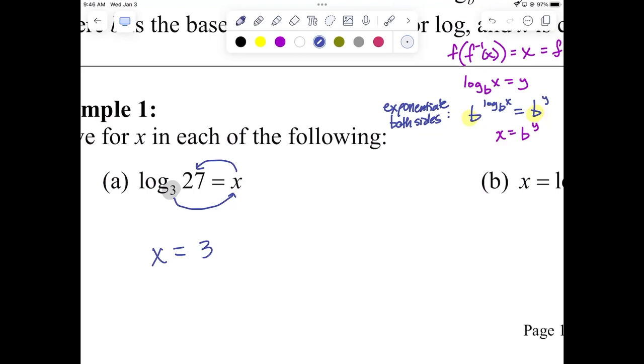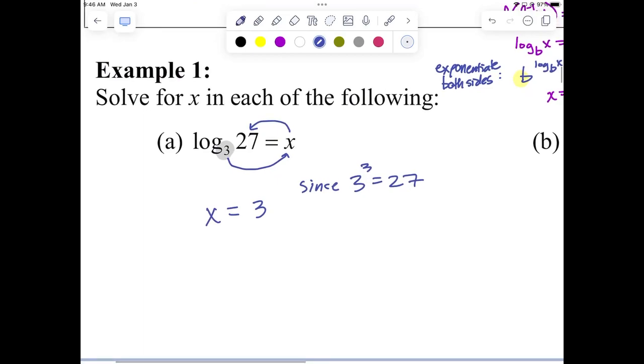So x equals 3 since 3 to the 3rd equals 27. Does that make sense? So log base 3 of 27 is the same thing as 3. If you have a Jersey number of 3, you can put log base 3 of 27 on the back, and it's the exact same number, right?